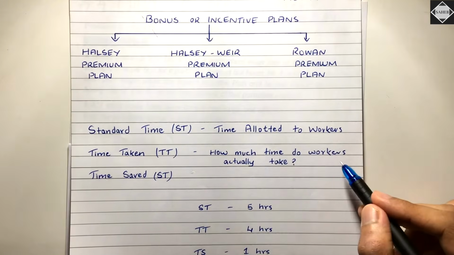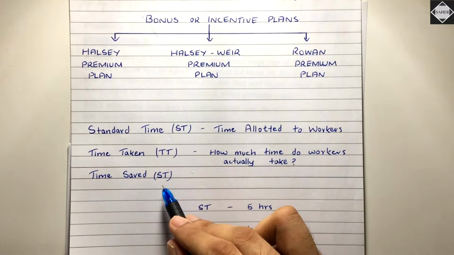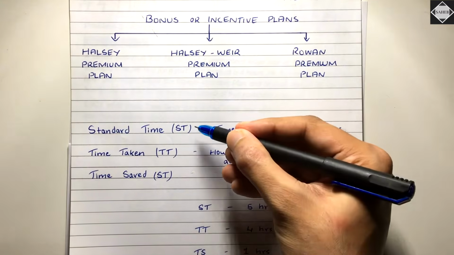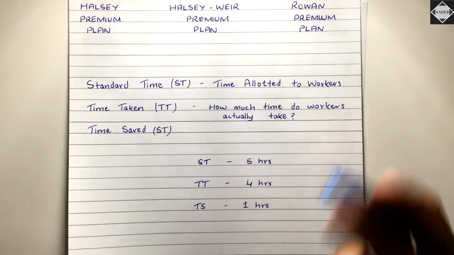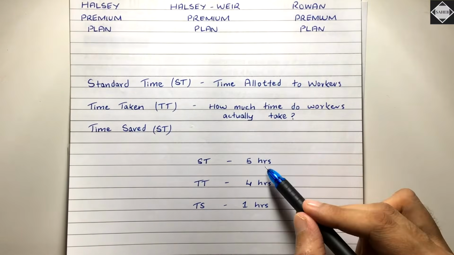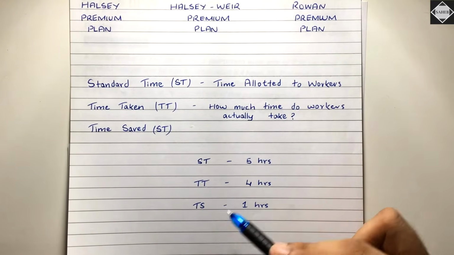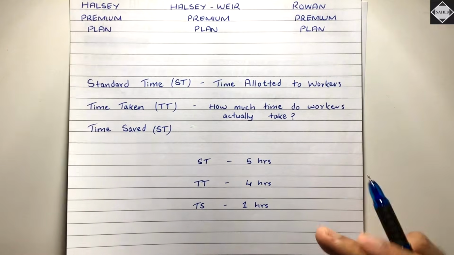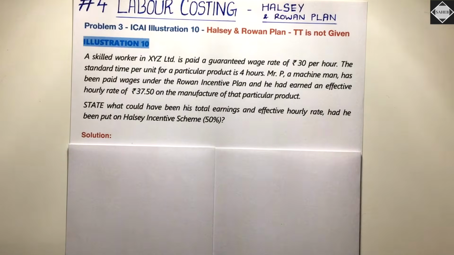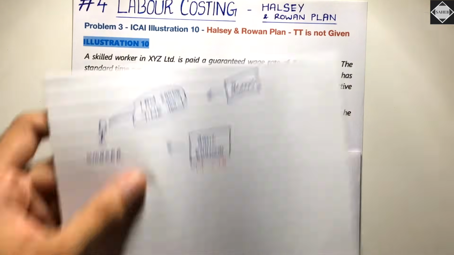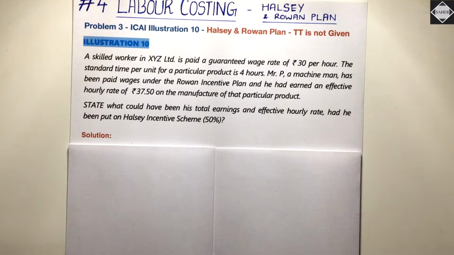Is it clear? Then time taken is how much time workers actually take, and time saved is standard time minus time taken. For example, if standard time was 5 hours and time taken is 4 hours, then time saved would be 1 hour. Clear? Then we saw the formulas and solved two problems on the Halsey and Rowan premium plan.